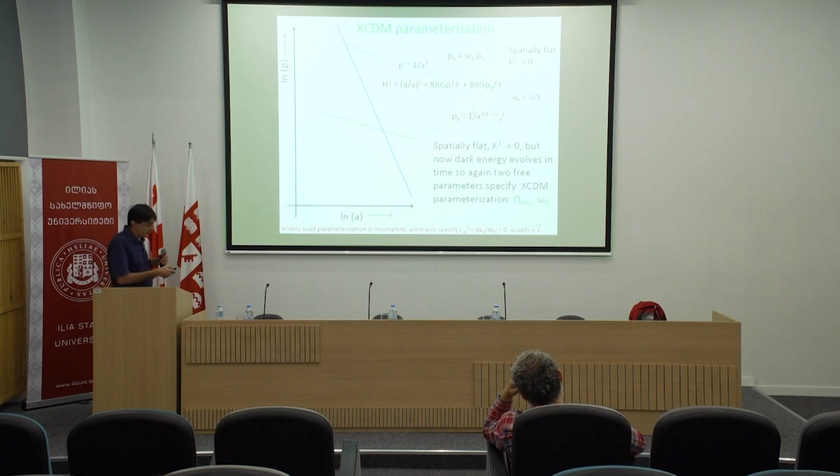parameterization of dynamical dark energy, and it's not a very good parameterization. It's called the XCDM parameterization. To make life a little bit simpler, I've set the curvature to 0, so we're looking at this in a flat universe. And then in the Friedmann equation, you get the contribution from ordinary matter and cold dark matter, and that again goes like 1 over A cubed, the blue line drops with a slope of -3.